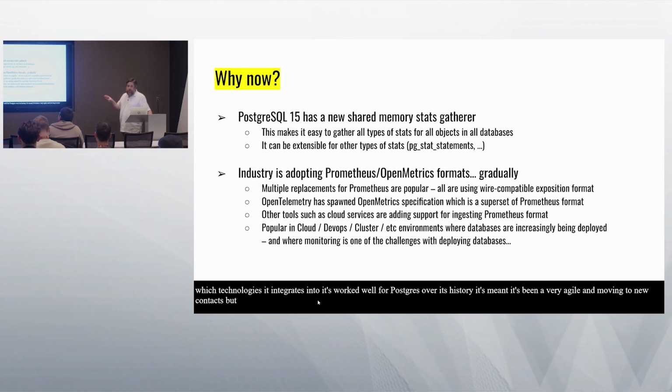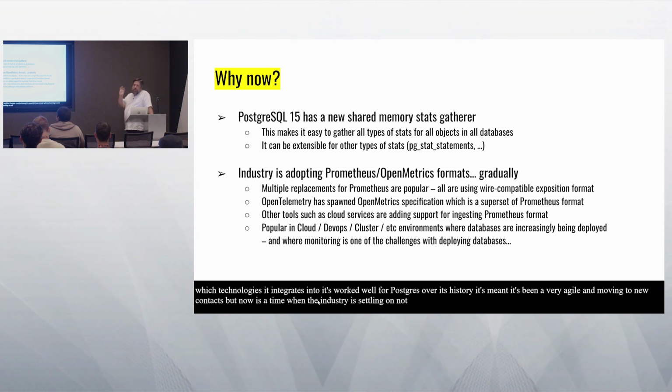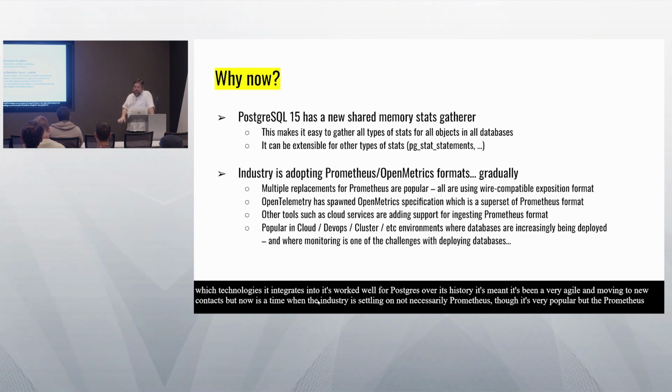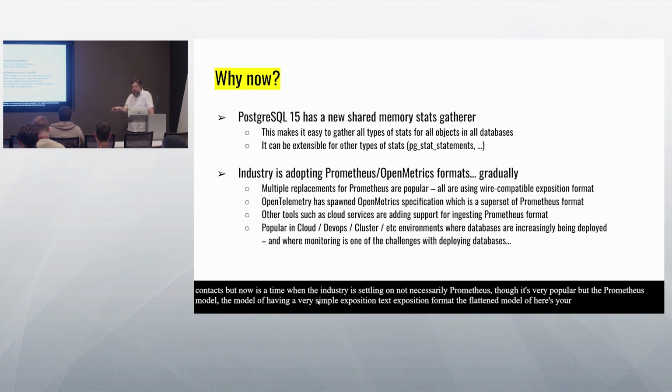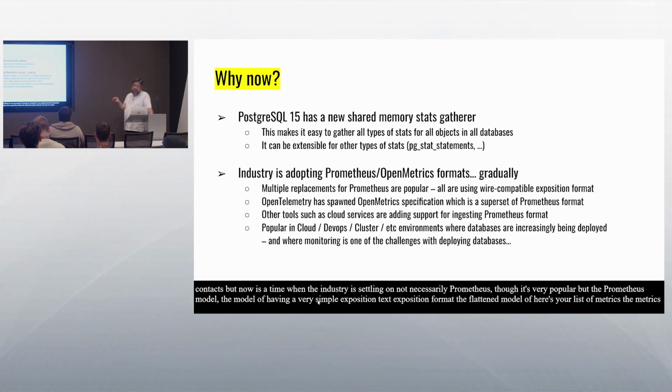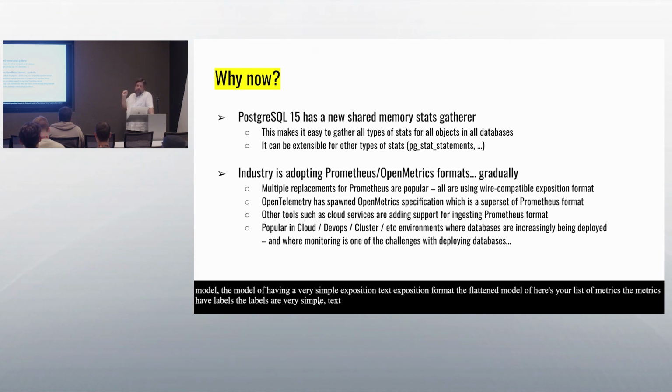But now is a time when the industry is kind of settling on not necessarily Prometheus, though it's very popular, but the Prometheus model, the model of having this very simple text exposition format, the flat model of here's your list of metrics. The metrics have labels. The labels are very simple text labels. The exposition format itself is being standardized, but if we wanted to support multiple exposition formats, they're probably going to look very similar to this.